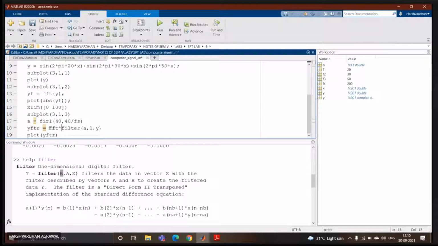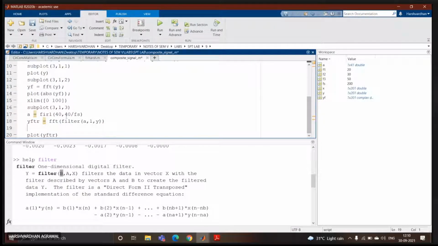Take it in another line. Why are you putting everything in the same line? Take the FFT in another line. Absolute. Take the absolute.